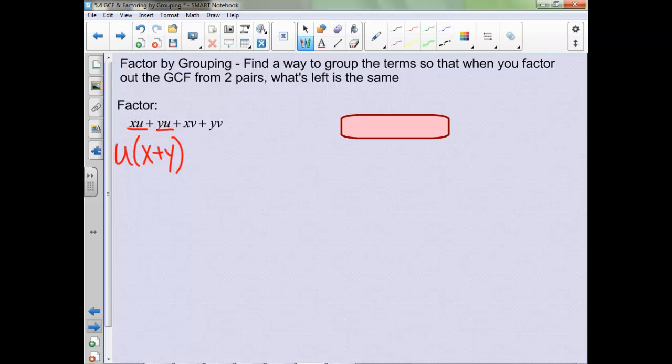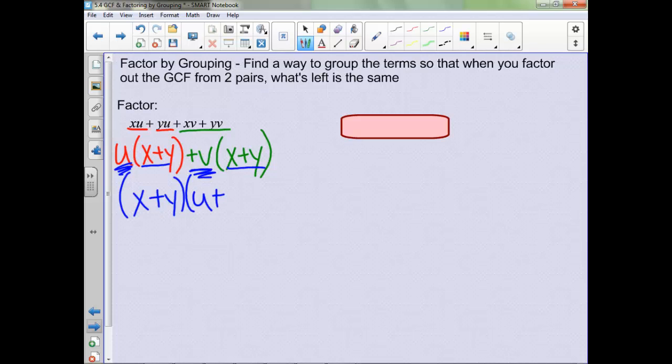Now in these two, they both have a v in common, so we'll take out a positive v. And now notice they both have this x plus y factor, and so let's factor that from both. And we're left with this u plus v. So here's our answer.